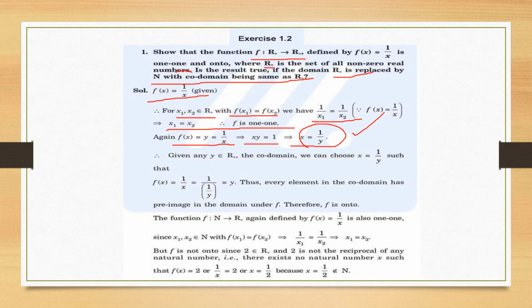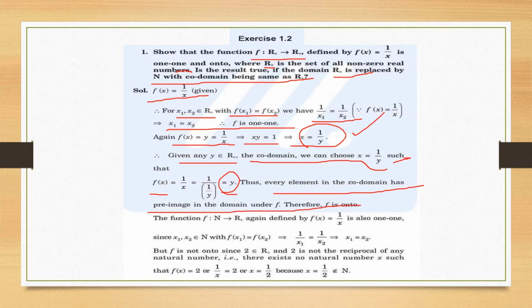Now given any y belongs to R*, the codomain, we can choose x as 1/y, such that f(x) equal to 1/x, which is 1/(1/y), which is equal to y. Okay, thus every element in the codomain has a pre-image in the domain under f, therefore f is onto, right? Because R* is the set of all non-zero real numbers, and this exists only when x is not equal to 0.